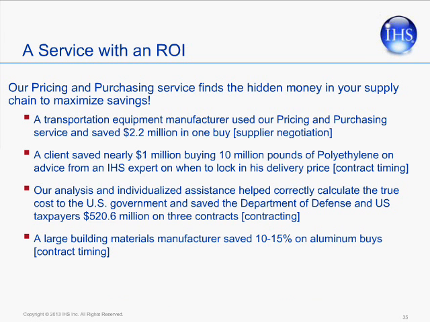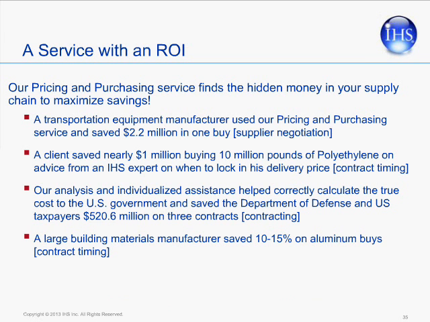And the real big one here, and the core history of the service, being with the Defense Contract Audit Agency with the United States Department of Defense. Their use of our tool over a number of years was able to save American taxpayers over $500 million on just 3 different contracts.